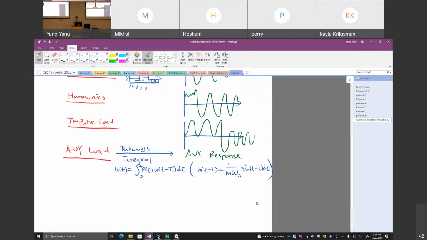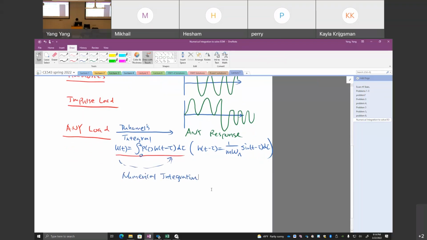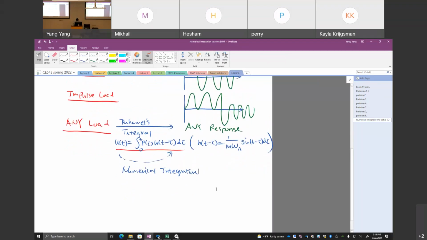Nowadays we have computers, so instead of doing the hand calculation of the Duhamel's integration, we can develop some numerical integration to find out the response.